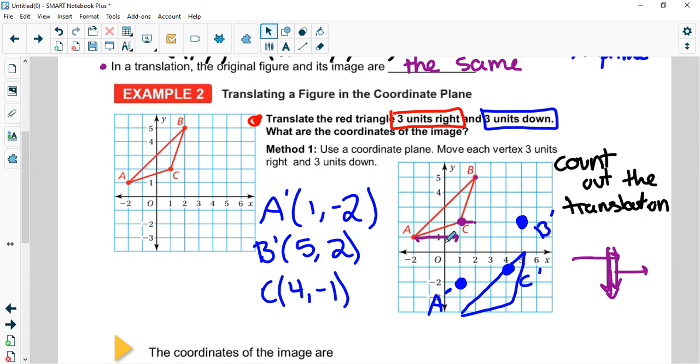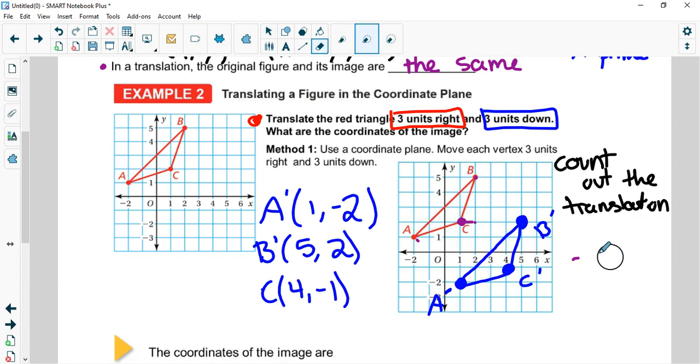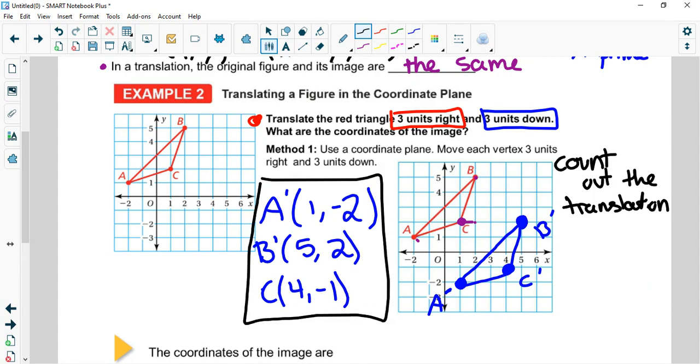I'm moving them out of the way so you can see just the 2 triangles. Are they the same? They are exactly the same. So we have our solution. We have the image on the graph as well as the new coordinates.